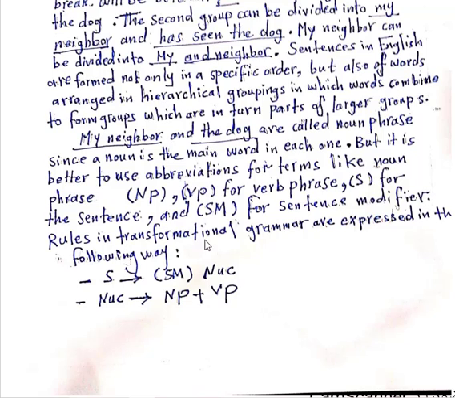Rules in transformational grammar are expressed in the following way: sentence goes to (sentence modifier) nucleus. Nucleus in this case means the center, the core of a sentence.